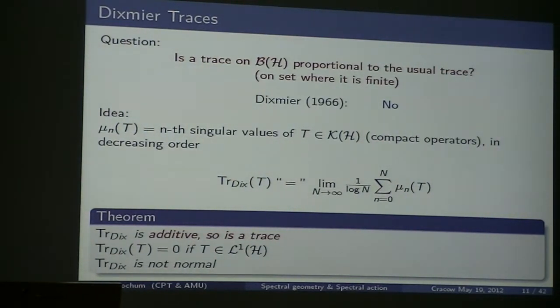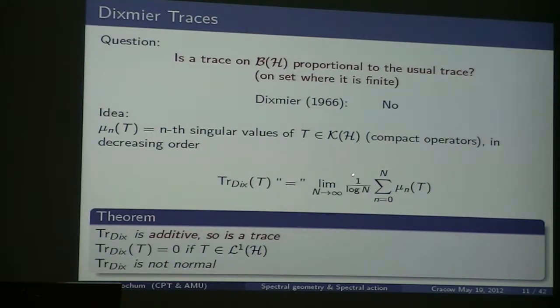An important thing is that the Dixmier trace of a trace class operator is always zero. Why? Because this sequence here, with respect to capital N, converges if your operator is trace class.